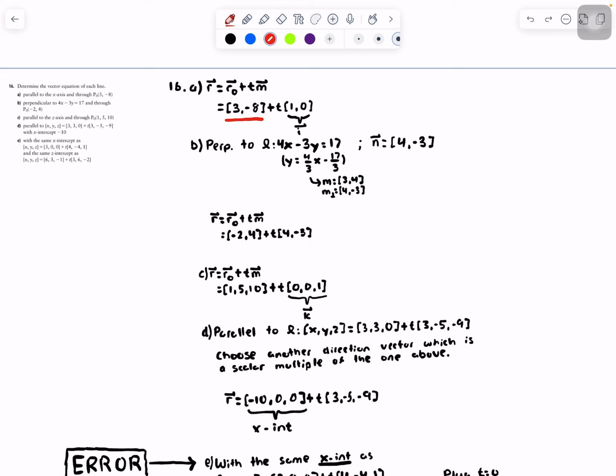How you should do it, if you want to be quick, you could do it like this. It doesn't really matter, I guess, but you can recognize that in the scalar equation form, ax plus by plus c equals 0, the coefficients in front of x and in front of y correspond directly to the components of the normal vector, 4, -3, right?